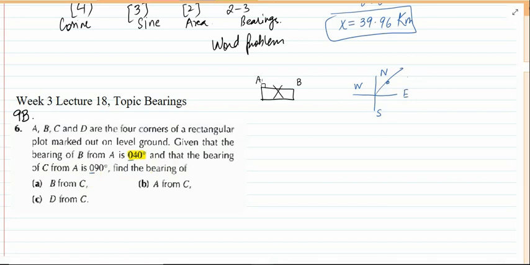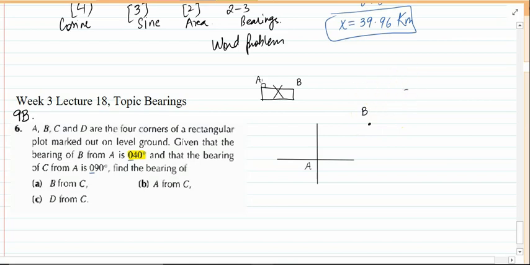So the first step, or you can say the complicated step, is to plot that rectangle. First I am going to make the north of A. Now that point is A, right? It says the bearing of B from A is 40 degrees. That means B lies like here, maybe.